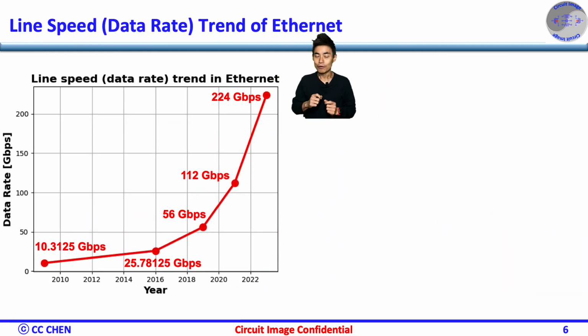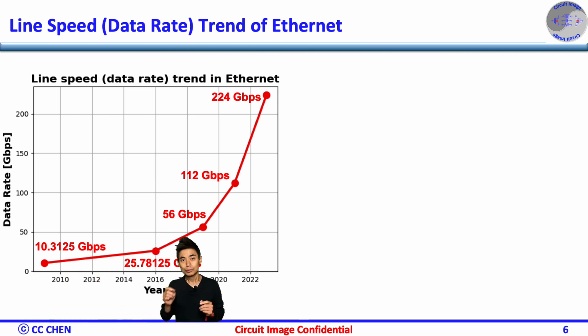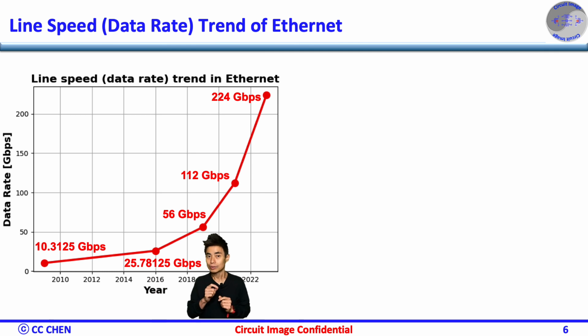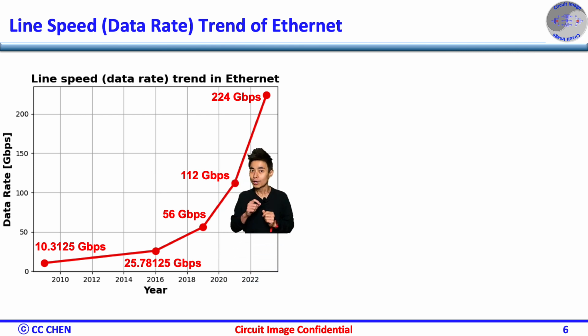The image of the line speed data rate trend in Ethernet may give you some idea. In 2009, the line rate was 10.3125 gigabit per second, then 25.78125 gigabit per second, around 25 or 28 gigabit per second in 2016, 56 gigabit per second in 2019, and 112 gigabit per second in 2021.